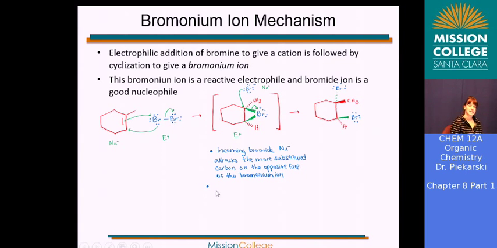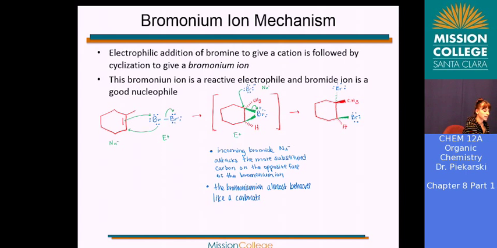The reason why it does that is because the bromonium ion in solution almost behaves like a carbocation, in a sense. Okay, so the bromonium ion like a carbocation.